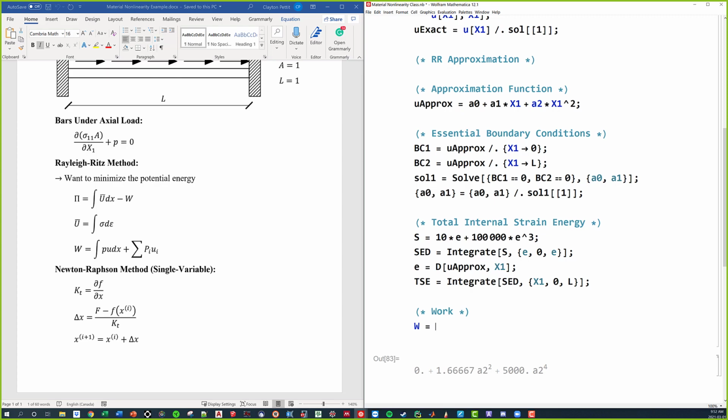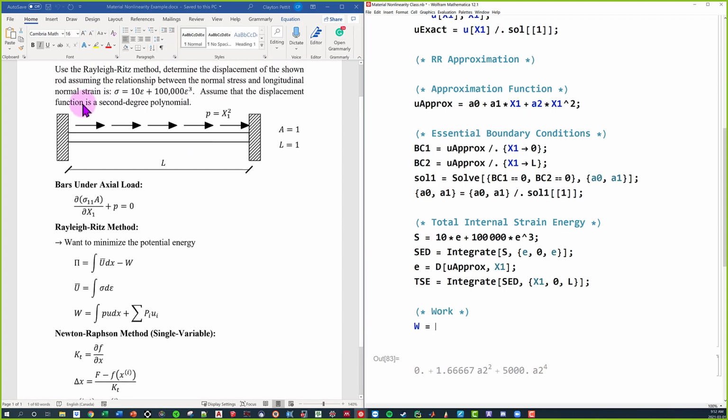You guys just trolling me? Yes, the internal is equal to the external, but that's basically this part right here. How do we find out what exactly W is equal to? Force times displacement, exactly.